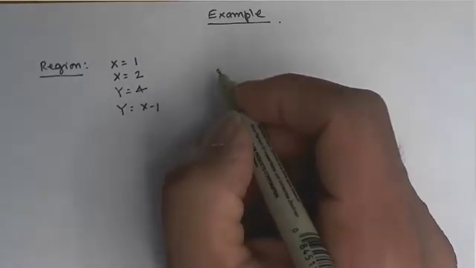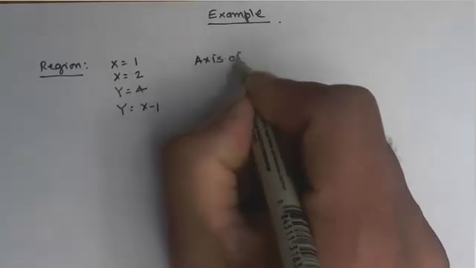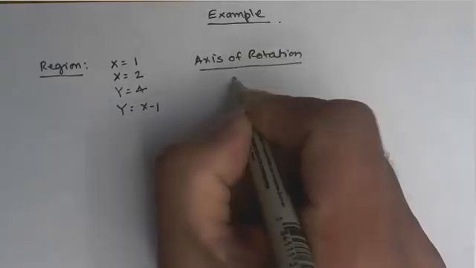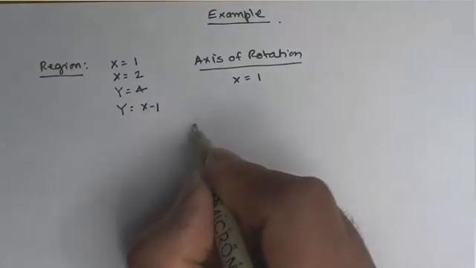Let's see, what should I rotate it around? I'm gonna try to rotate it, axis of rotation, around x equal to 1. So let me draw that.